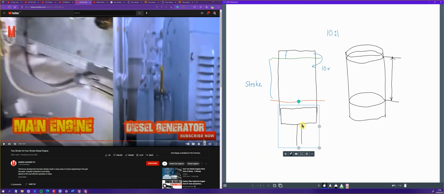So kung 4-stroke yan, ilang akyat baba yan? Dalawa, sir. Apat. So 1, 2, 3, 4. So dalawang balik. Sa 2-stroke, ilan? Dalawang akyat baba tapos isang cycle. 1, 2. Ganun lang yung sa 2-stroke. So sa dalawa, sino mas mabilis? 4-stroke or 2-stroke? 4-stroke, sir. Okay, 4-stroke.